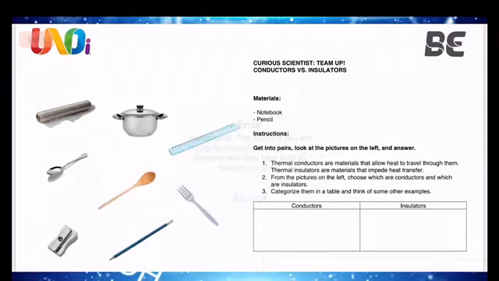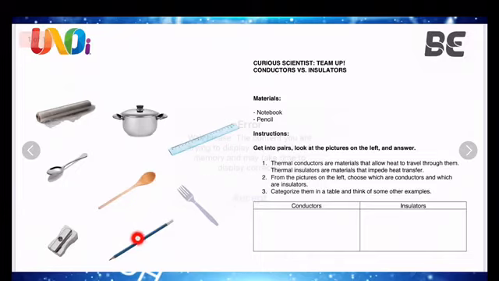It says, get in pairs, look at the pictures on the left and answer. We have to take a look at these photos over here. I see some, what is this? Plastic wrap. Okay, I see some plastic wrap. I see a plastic ruler. I see a plastic fork.